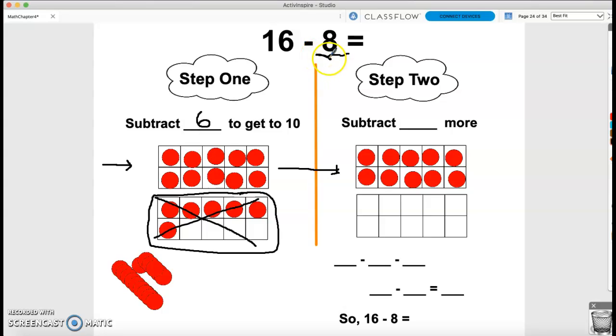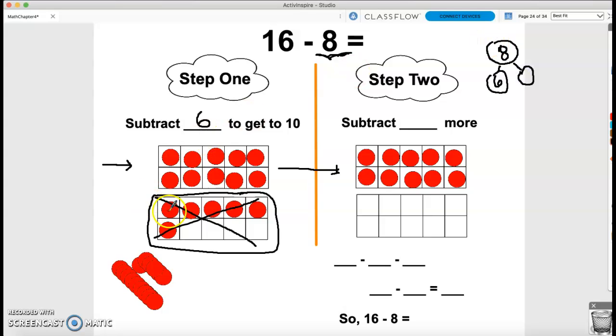So I have to think, if I had 8, I've already taken 6 away. Here are my 6. How many more do I need to take away?